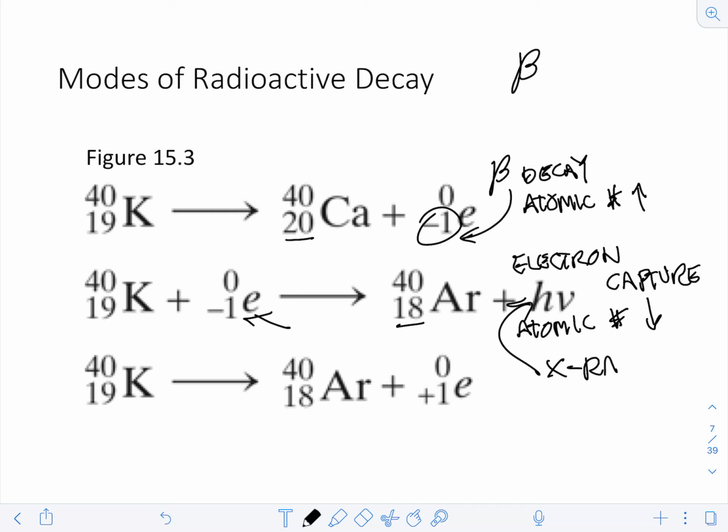So X-rays are emitted with electron capture. Now this last one here is actually positron emission. And notice that the atomic number goes down. So it is not a beta decay because the atomic number goes down.